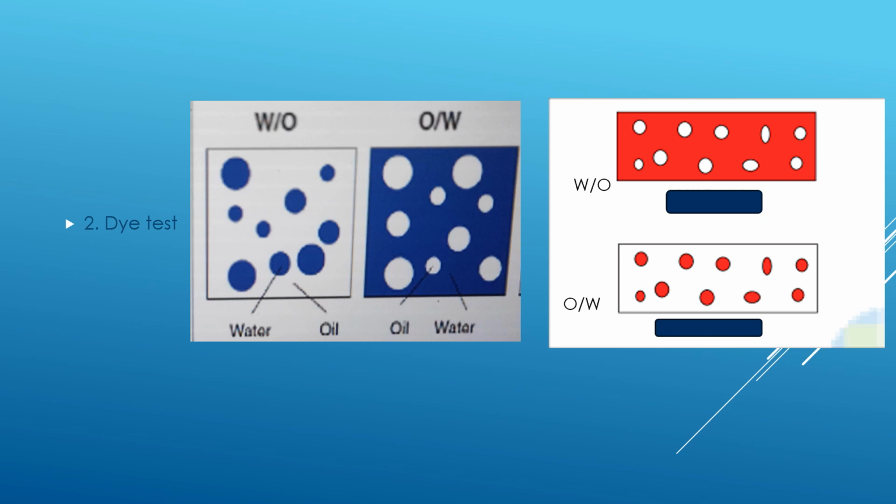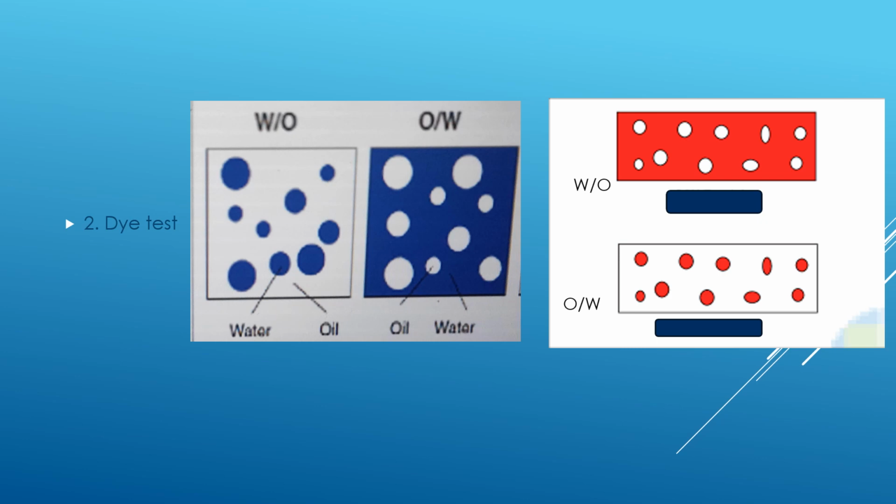You can perform the test using an oil soluble dye also, that is the scarlet red dye. The scarlet red dye is oil soluble. Here also you can mix the dye with the emulsion, and a drop is taken, placed on a microscopic slide and observed under the microscope.